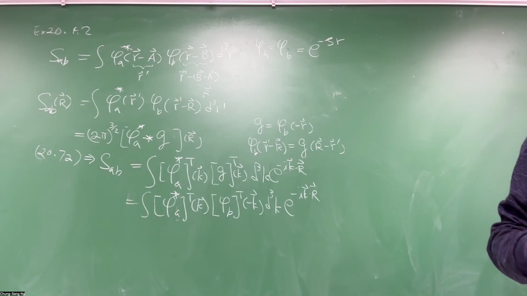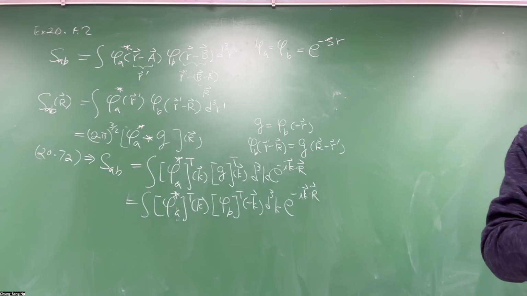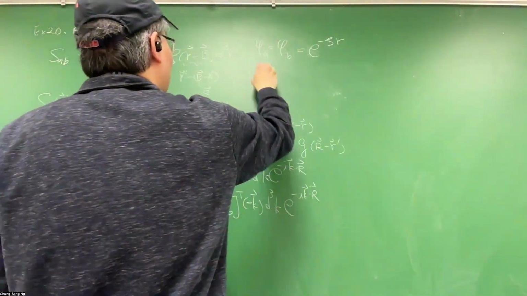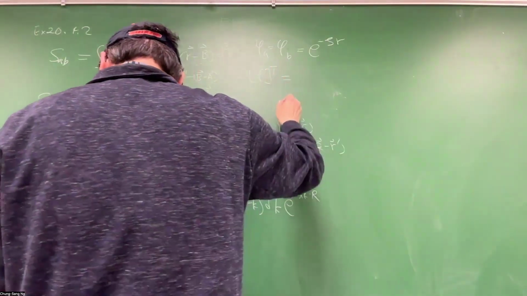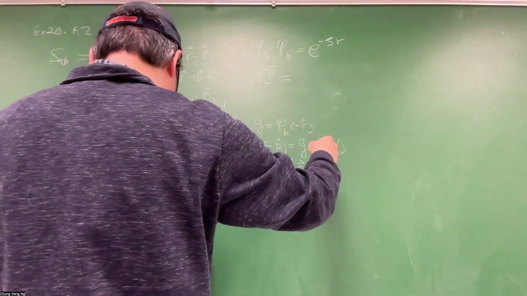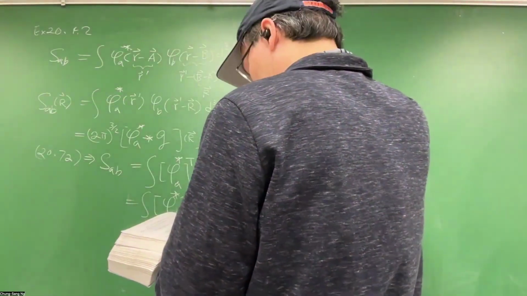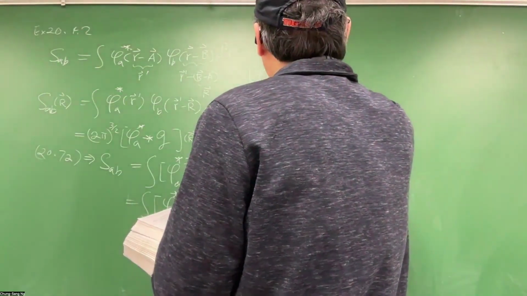Oh, yeah, example 20.2.1. This is the exponential function and its Fourier transform. The final result is this one, except that we need to translate all the formulas.